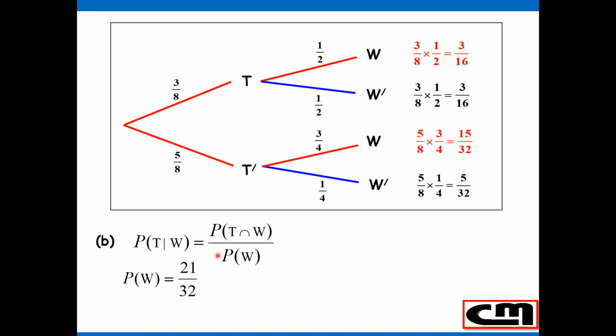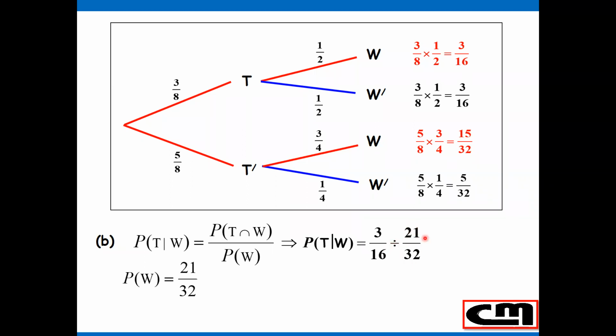So what we need is to divide. For this one, it is 3 over 16. So we substitute that 3 over 16, since there's this bar, by the division sign, then divided by 21 over 32, the probability of W. Now substitute the multiplication sign with division.